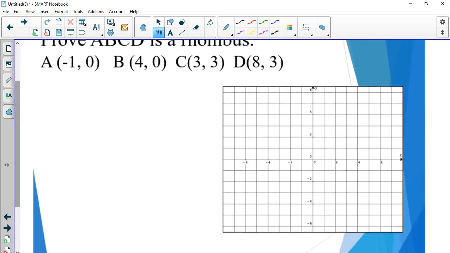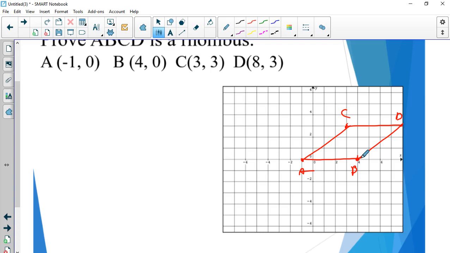ABCD is a rhombus, right? So -1, 0, 4, 0, 3, 3, 8, 3, A, B, C, D. All right, so to prove a rhombus, remember, we have to prove first off that it is a parallelogram.